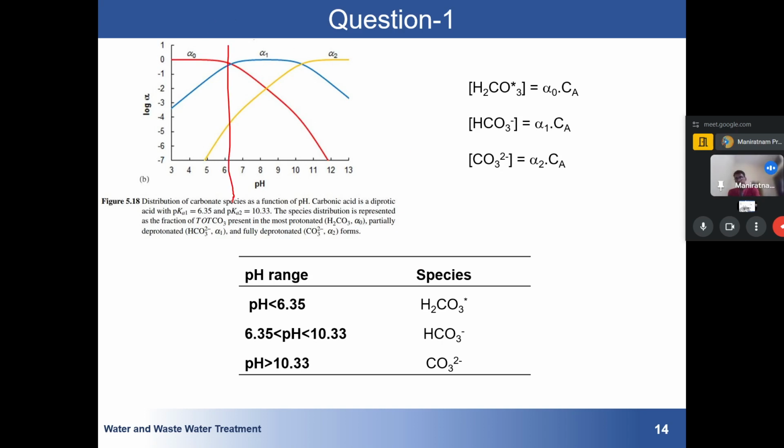This is pK1, this is pK2, and below pK1, that is 6.35, H2CO3 star will be dominant. Between them, HCO3 minus will be dominant, and greater than pH 10.3, carbonate will be dominant.